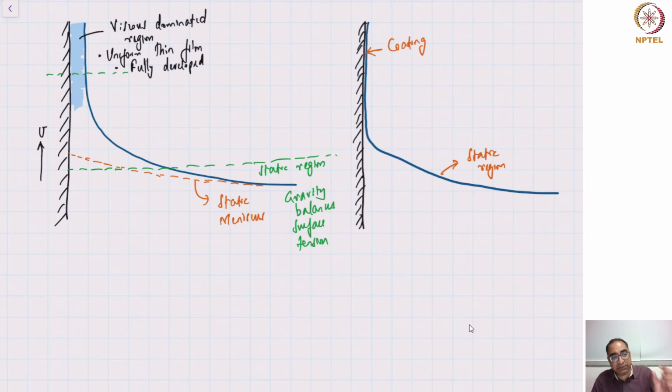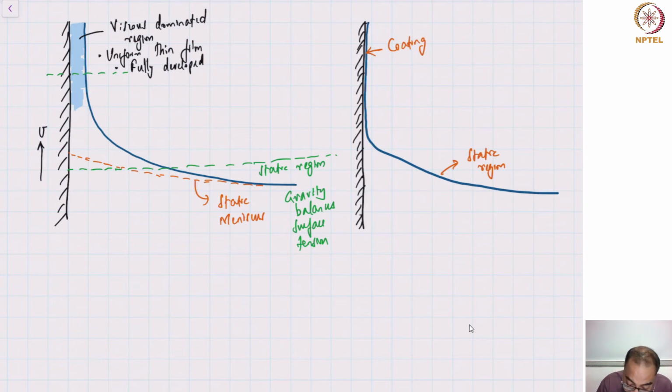So you have a viscous dominated region where viscosity is the primary force, and then you have a static region where eventually you are so far away from the plate that the viscous drag from the plate is not really felt, and you have to have a balance of the other two forces, which is gravity and surface tension.